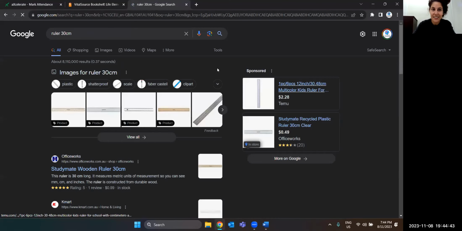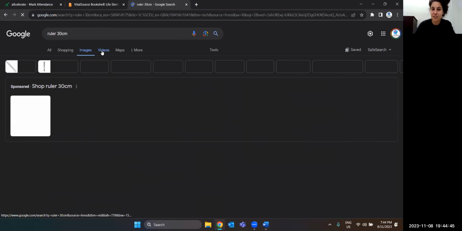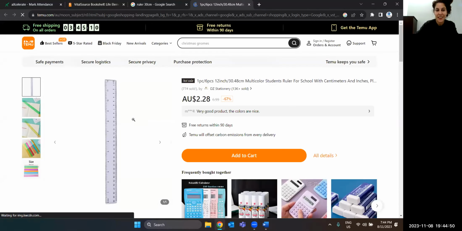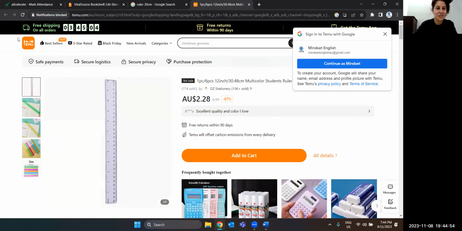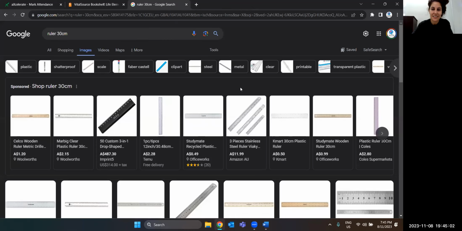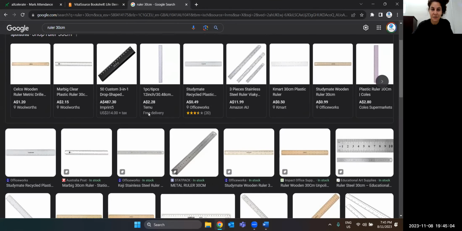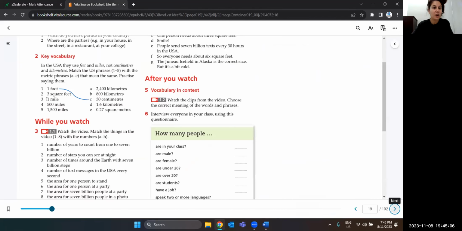As a kid, this is how I learned how much 30 centimeters is, because this is what we have in school. In school, I always remembered 30 centimeters is like that because of our ruler, because we always had this in our class. And that is 30 centimeters. Okay, 3 square feet. What is that?